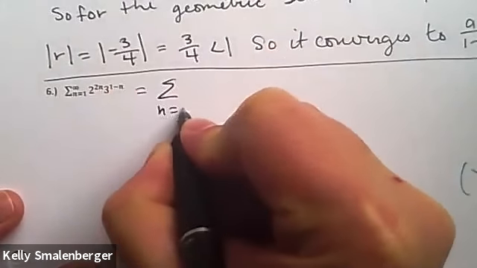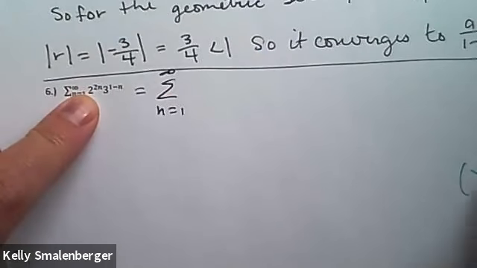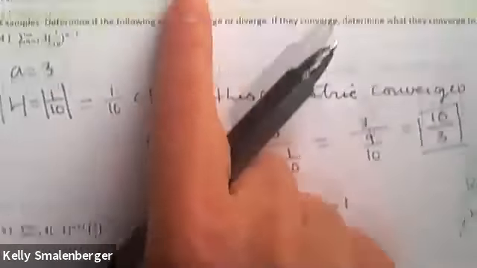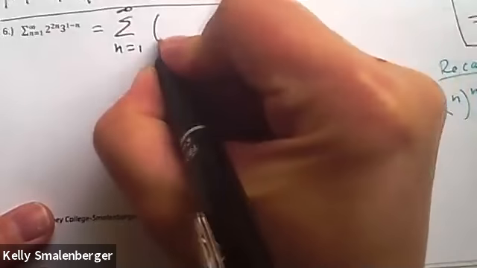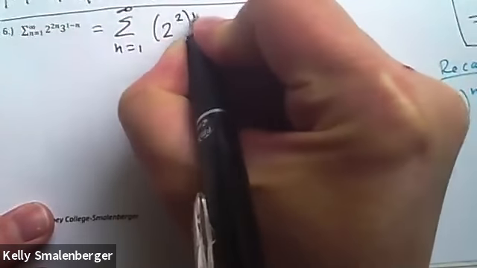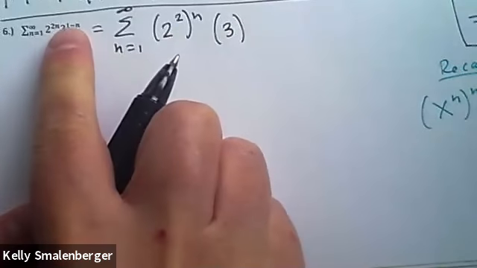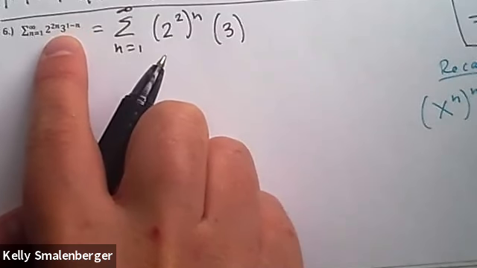Summation from n equals 1 to infinity. 2 to the 2n, I'm going to rewrite like this, because really what I want to see based on this is powers of n, right? This 2 times n, that's not helpful. So this is 2 to the 2 times n times 3 to the, what can I do about this? 1 minus n, I want it to be n minus 1.